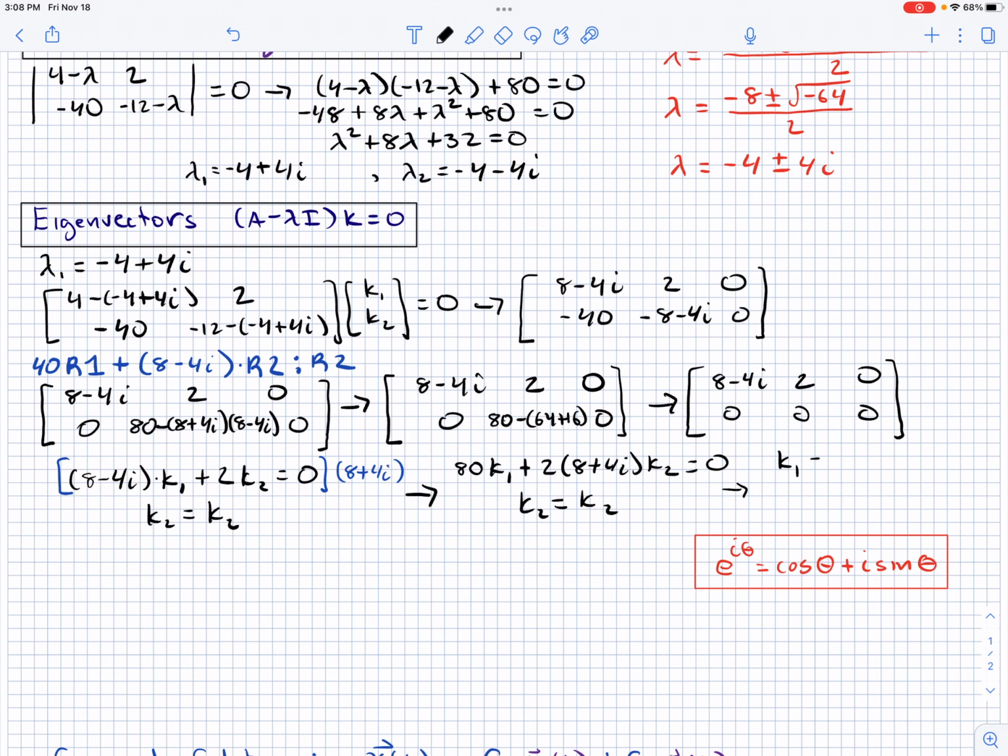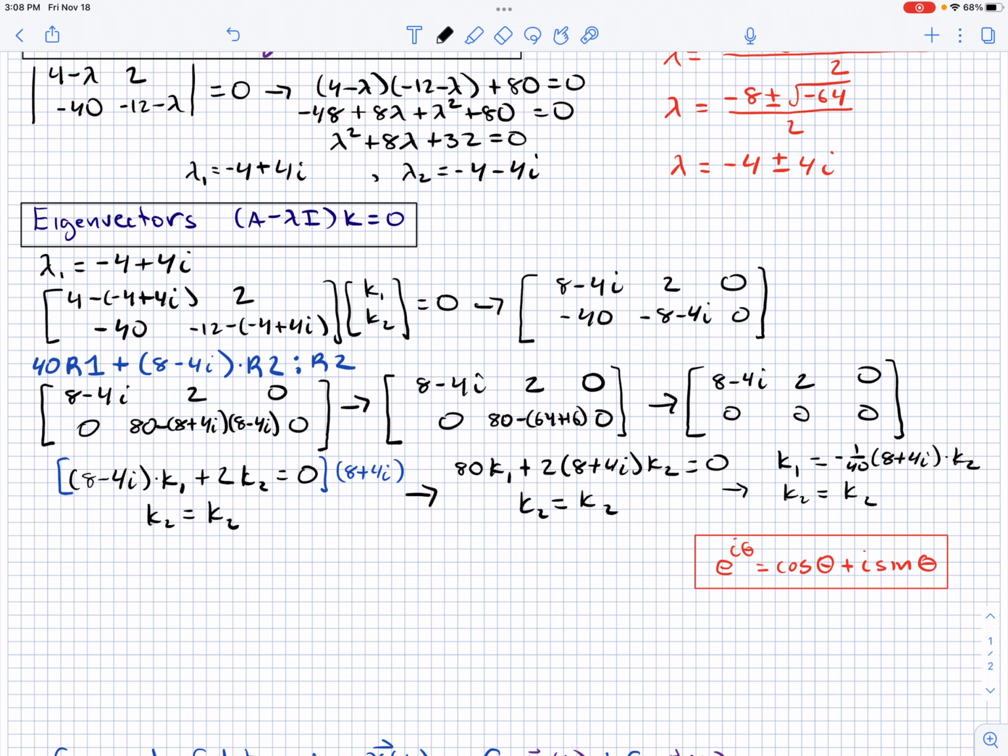K sub 1, when you do this, you end up with negative 1/40 times 8 plus 4i times k sub 2. And then k sub 2 is just itself.